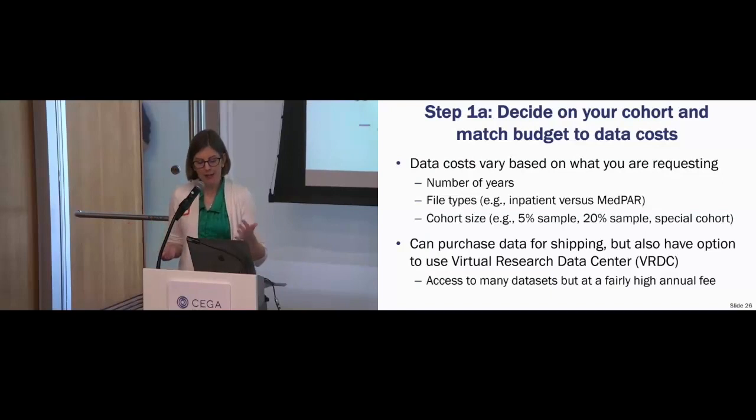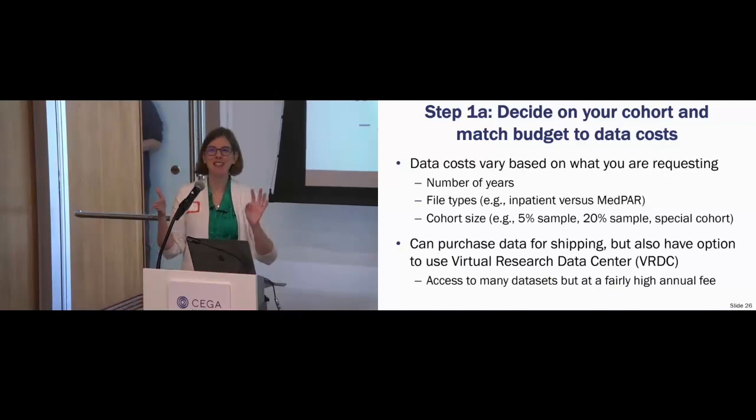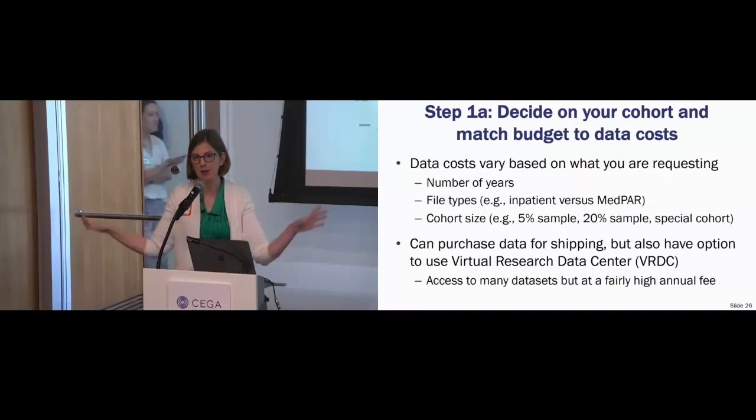It provides access to many data sets, but it's a fairly high annual fee. I think the last time I looked at it, the initial year fee was $38,000 for one seat. I see people going, wait till you see the single year estimate for shipping data. And then the follow-on years are cheaper. It's like 25,000 or something like that, but that does give you access to the broad range of data.